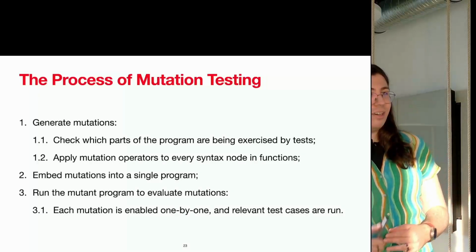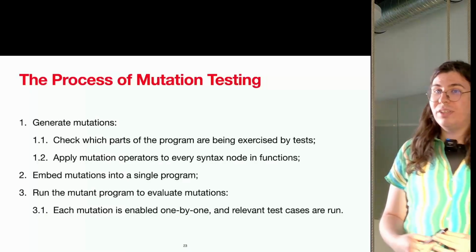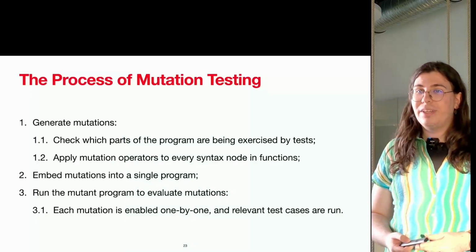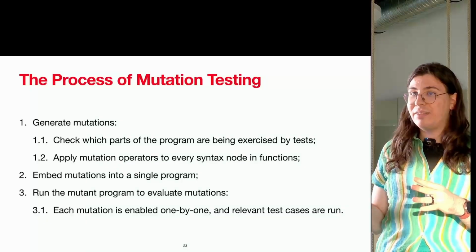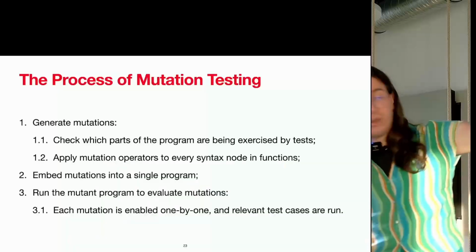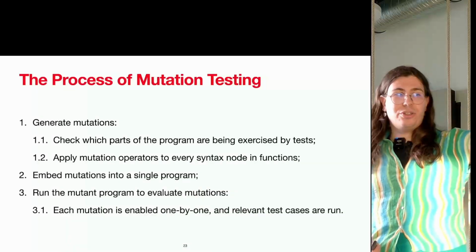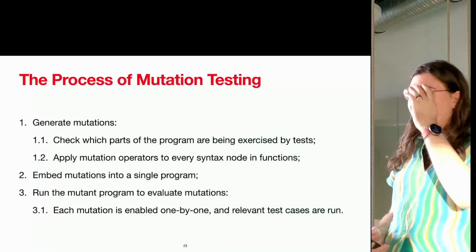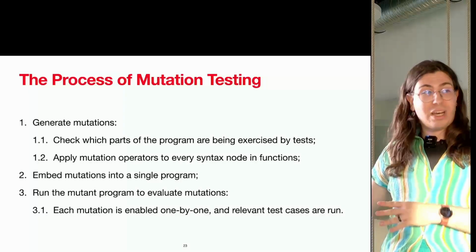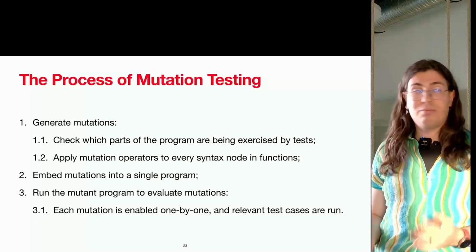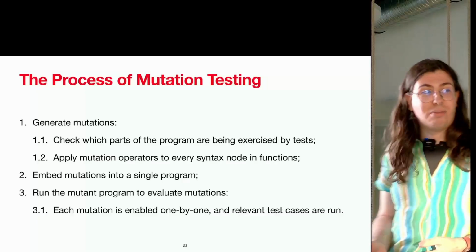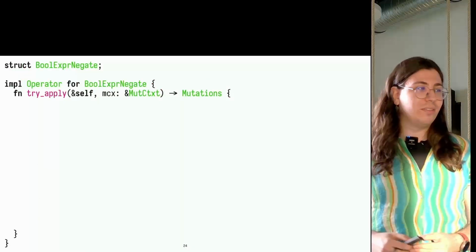For each of the mutations involved, you can enable the corresponding changed code path one by one, and of course run the relevant test cases for it. We know what the relevant test cases are because of step 1.1. We've checked the relationship between the various parts of the program and the various test cases, and we know the exact set of program functions that are being run by the individual test cases.